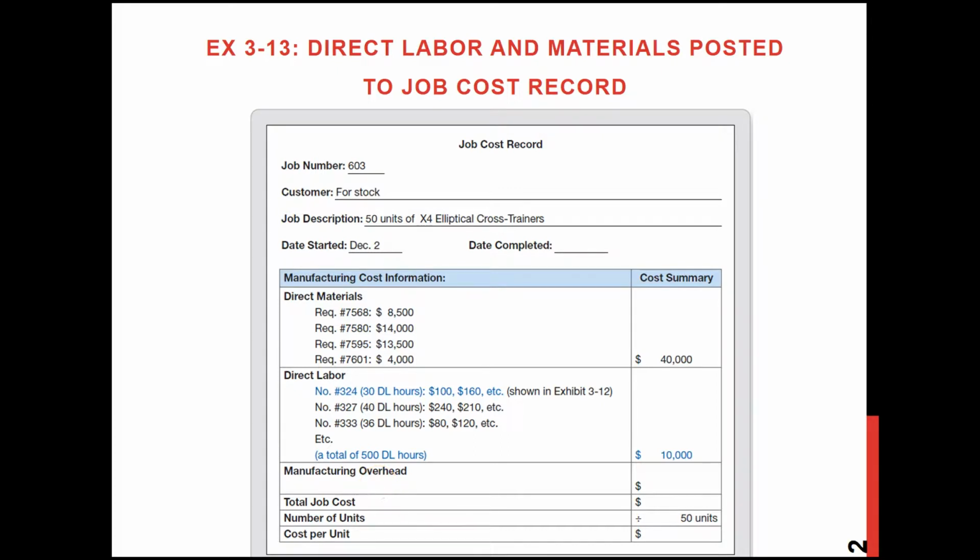Now, if the company pays, for example, $1,000 every month for their security guards, what will be the security guard cost or indirect labor cost for job 603? It is really very difficult to trace it out. Or I can give you another example.